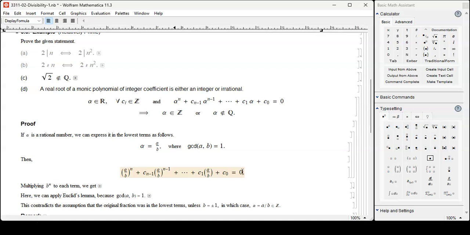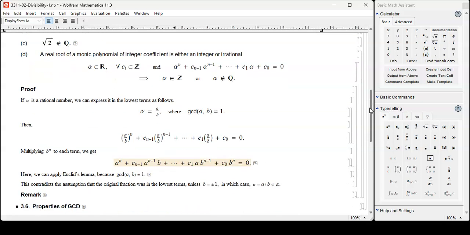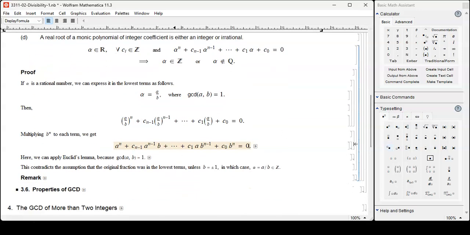No denominators. One way to kill them all is to multiply b to the nth power to everything. If I do that, I'm going to get this. Multiply b to the nth power, then n minus first power gone, and we have 1 left, and so on and so forth. So all these have some powers of b. And I'm going to flip all those to the other side.